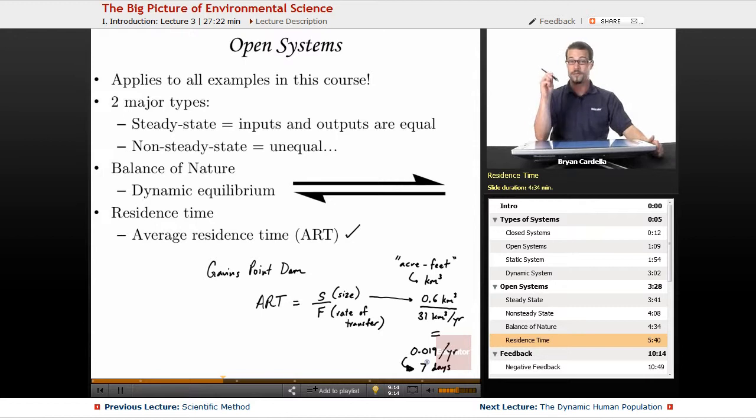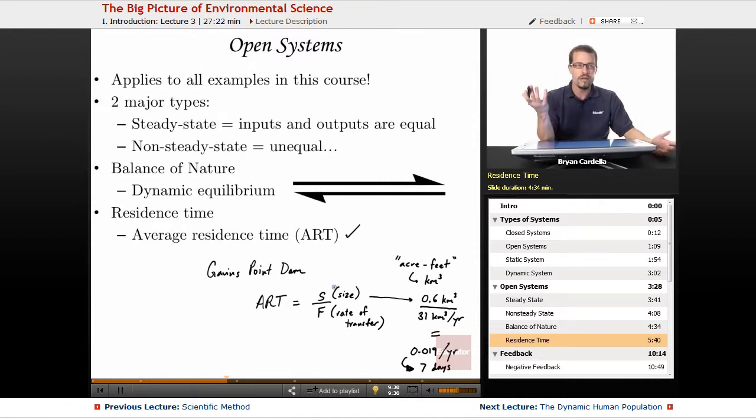There's a dam upstream where the ART is actually 347 days. So it's a very different number, and you can see that relative to the size of the dam, this flow gives you a particular average residence time that's a little bit different.